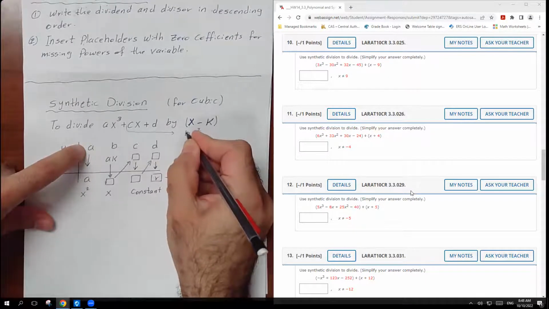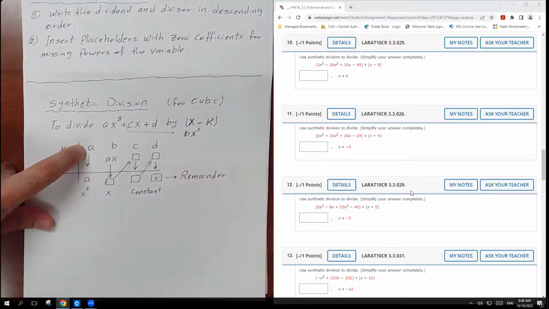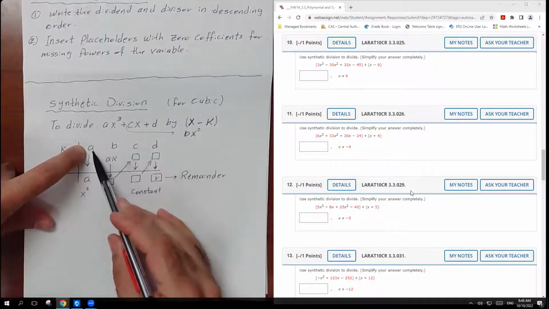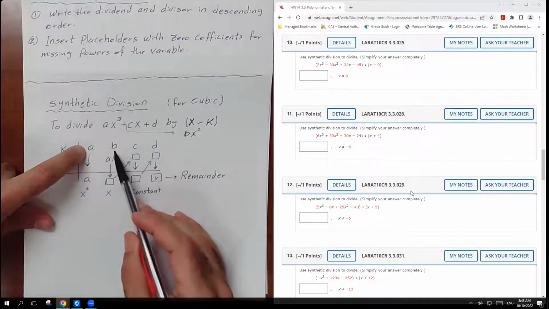That means we always have to write down the missing term and write down the polynomial from the highest exponents to the lowest exponents. b is the missing coefficient.